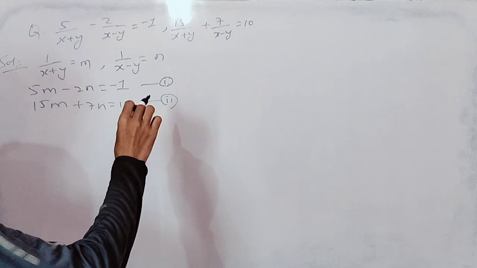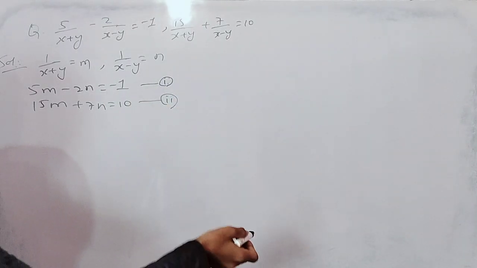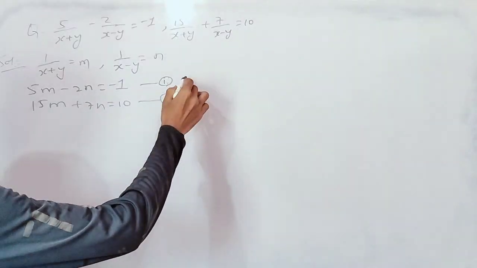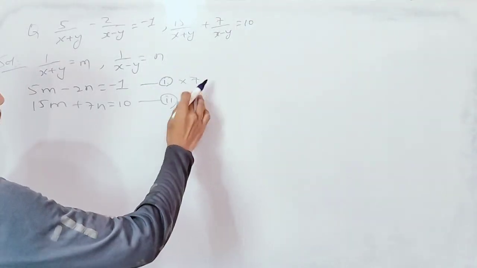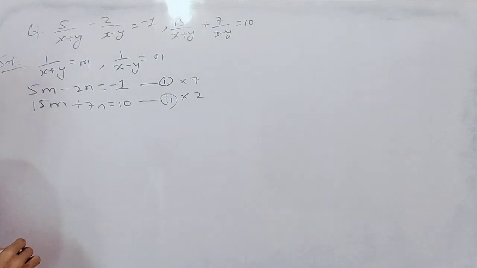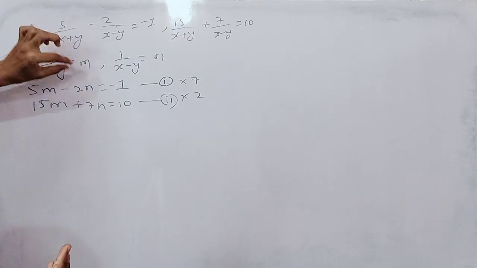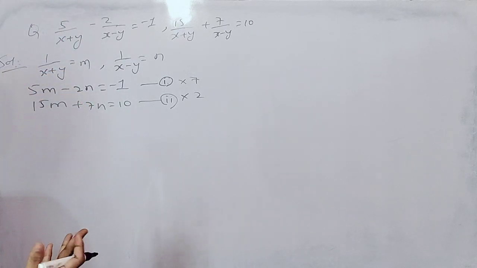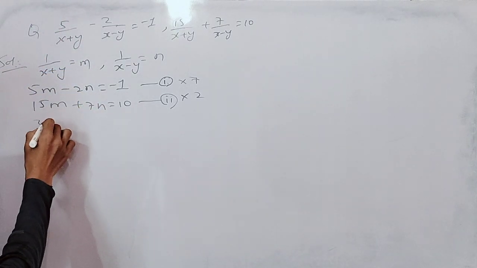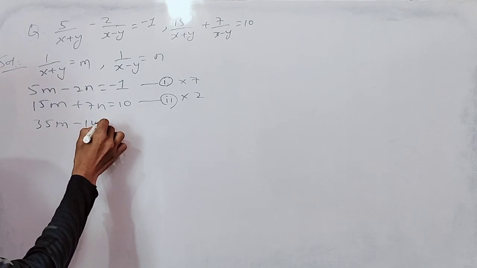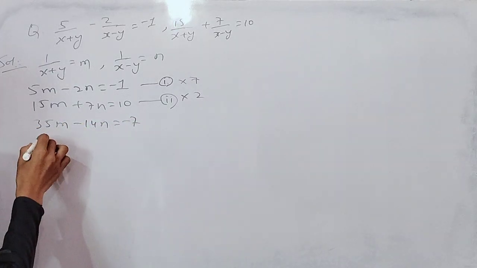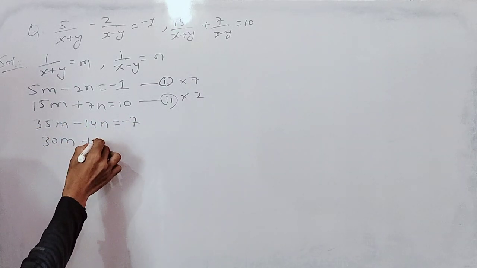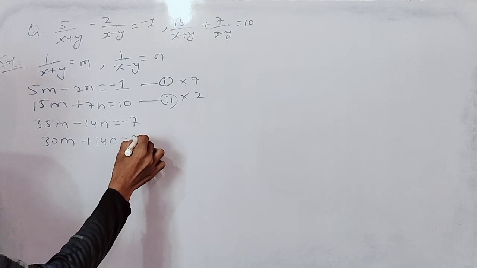We will use the elimination method. So in this by 7, in this by 2. Then we will get 35m minus 14n is equal to minus 7, and 30m plus 14n is equal to 20.